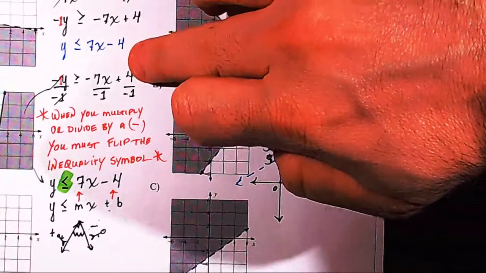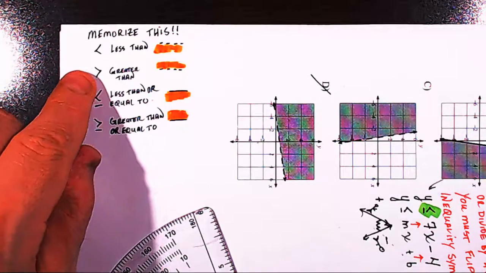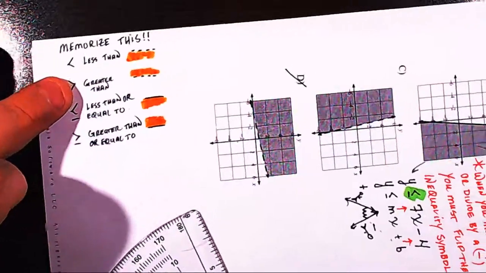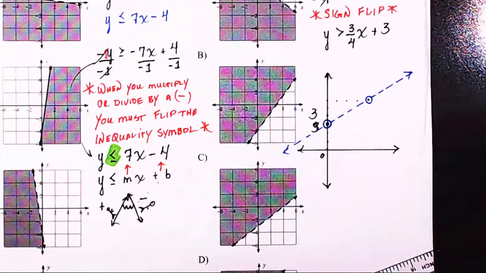Now, don't get motion sickness. Let's go back here. The greater than symbol means I've got a dotted line and I'm shading above it. So, back to our problem. I'm going to shade above that dotted line.